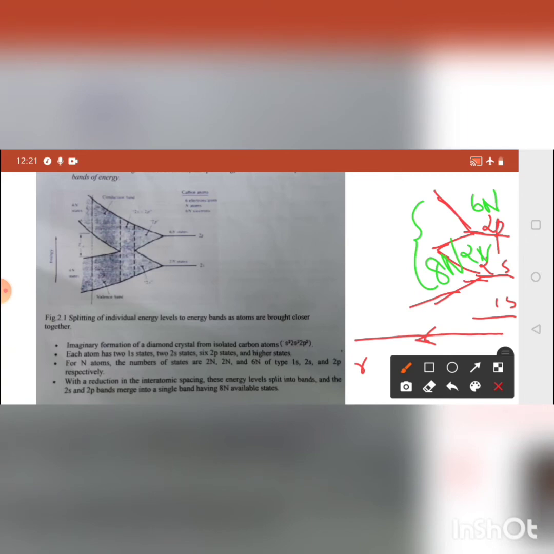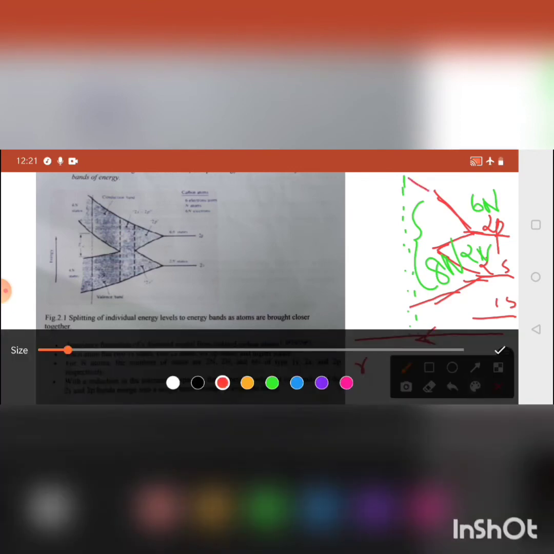Once the equilibrium condition is attained, or the proper interatomic space is achieved, what will happen? The bands will again split like this, and there will be a difference between the bands.